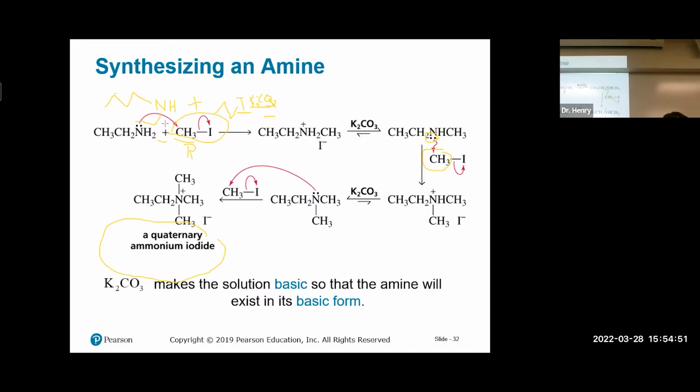Okay, do we have an answer? Or structure? Carbon chain, one attached to the nitrogen.